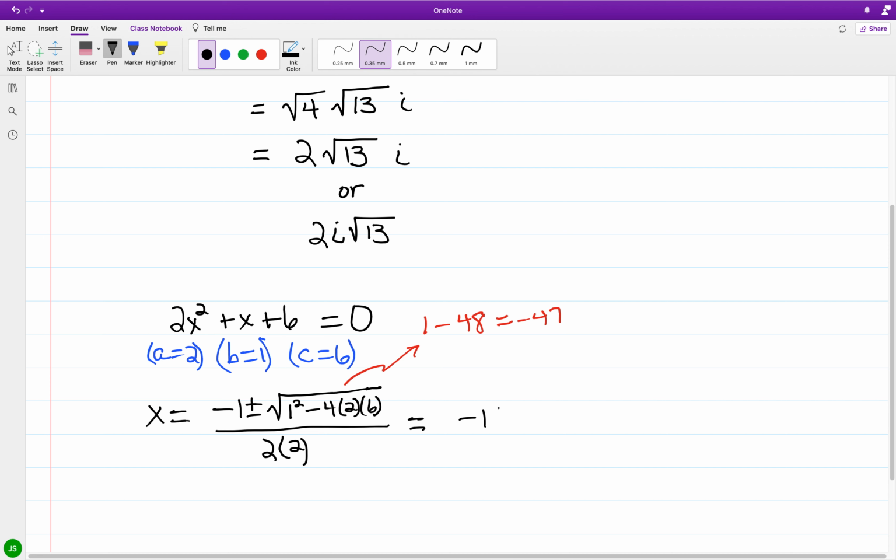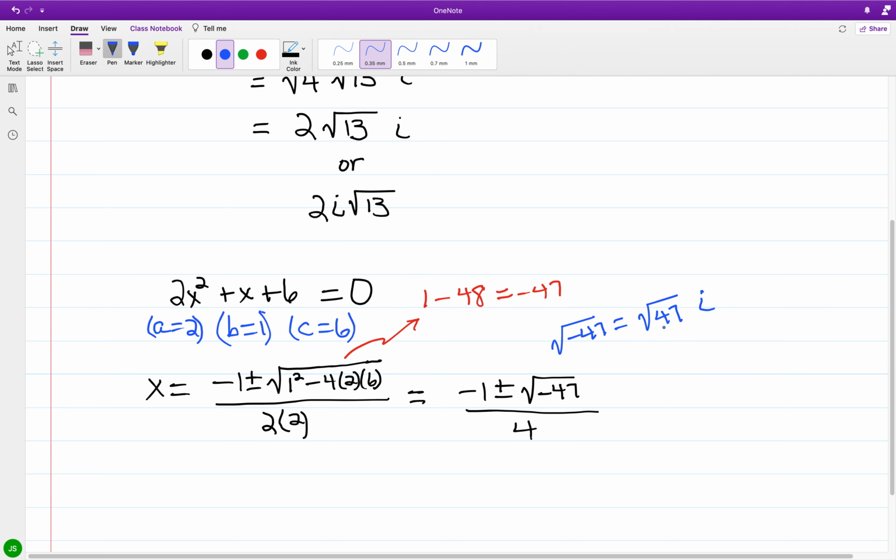So in the ratio, we have negative 1 plus or minus the square root of negative 47, all over 4. And for the square root of negative 47, we have the square root of 47 times negative 1, and that becomes the square root of 47 times i, or i times the square root of 47.